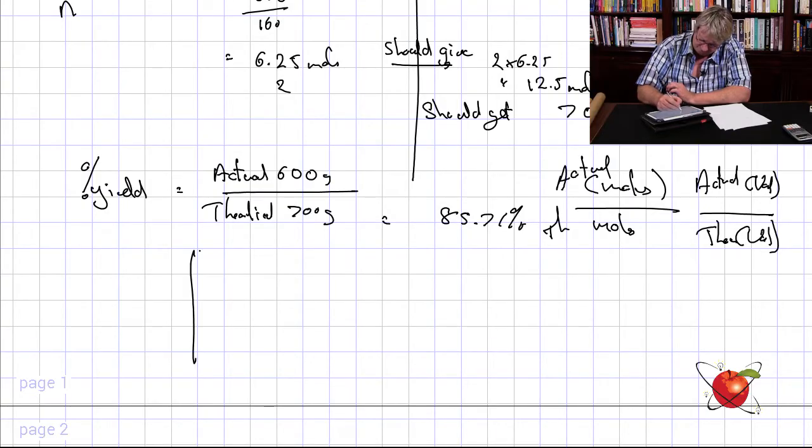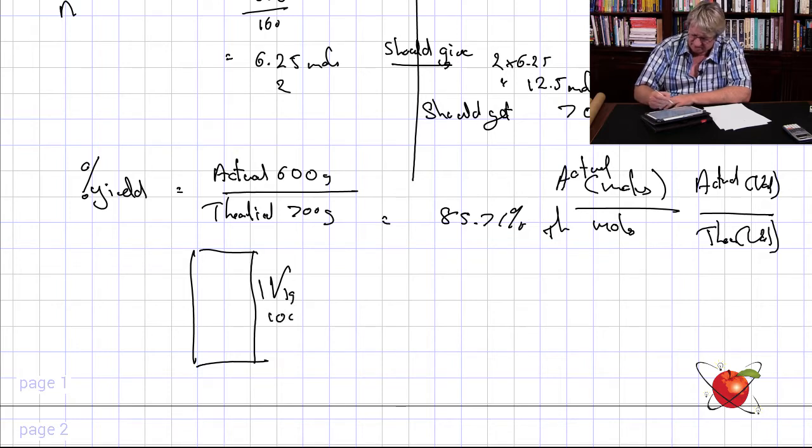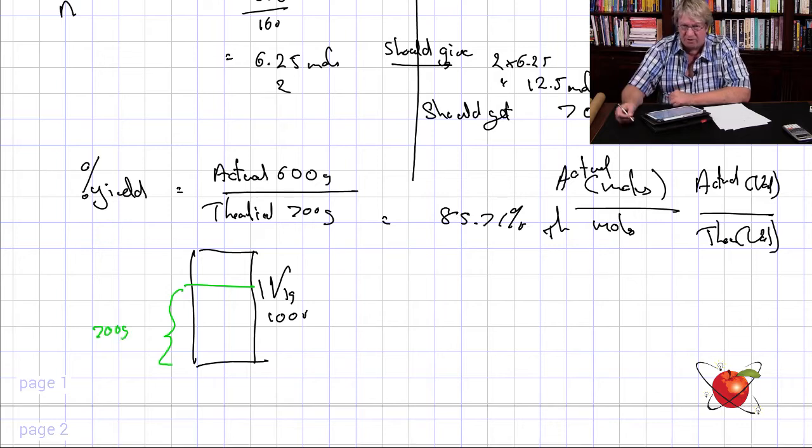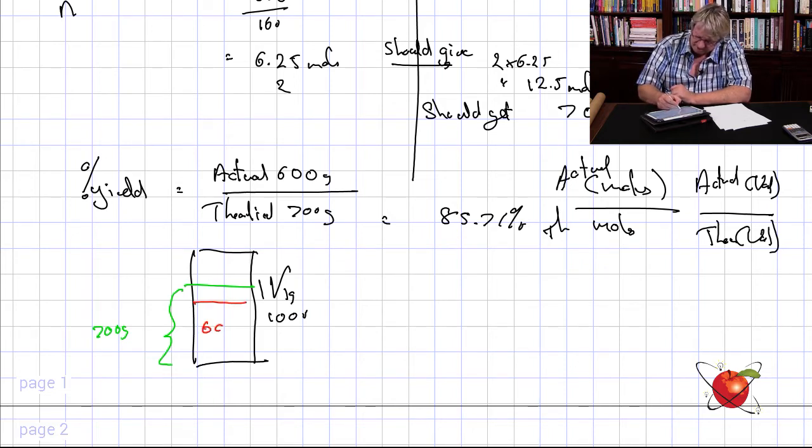Let's just have a look at what we said here. On this one, we said we started off with 1 kilo, or 1,000 grams. We should have got out of that reaction 700 grams, if it was all pure. But we didn't. We only got 600 grams.